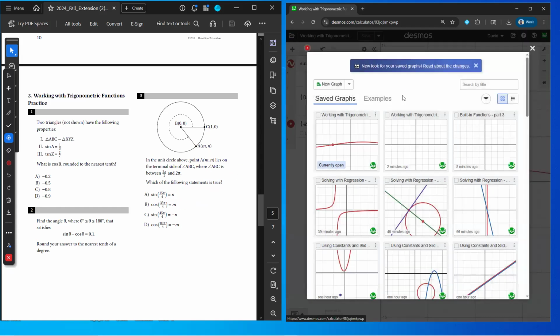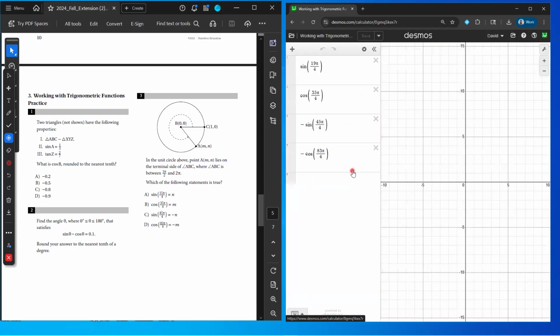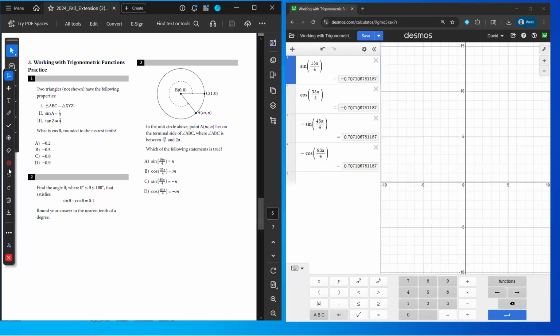So what might it look like if we typed it in? All right, so the first one, we have 19 pi over here, and pi over here, and then pi over 4, 45 pi over 4, and 83 pi over 4.